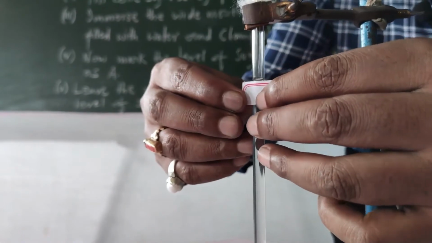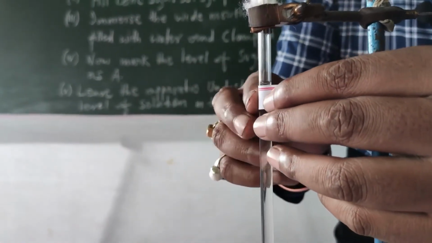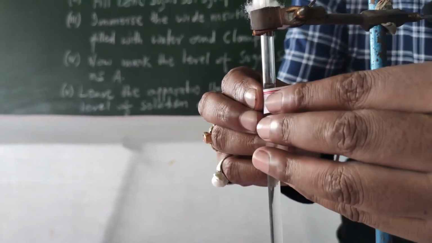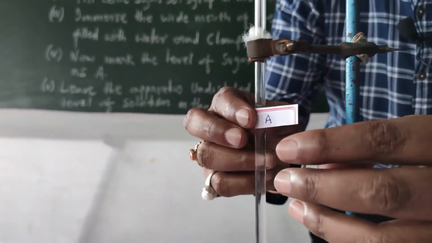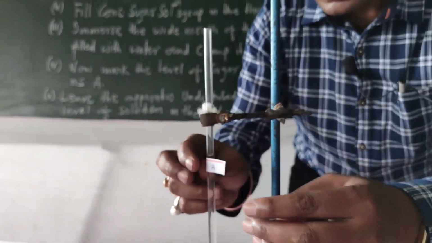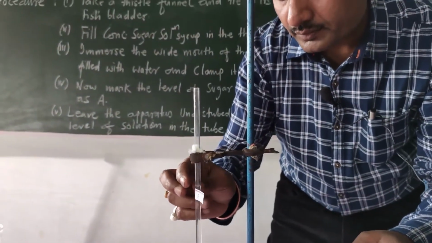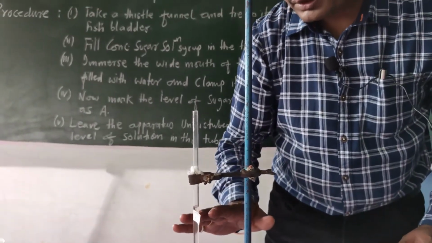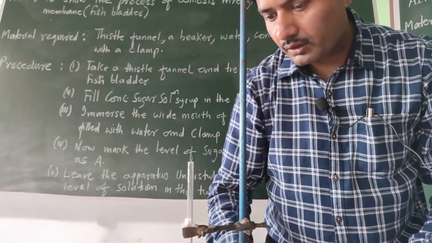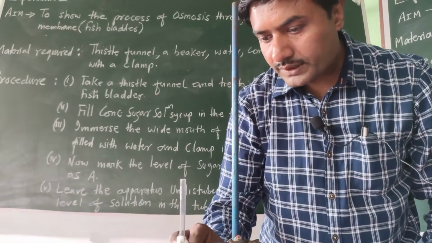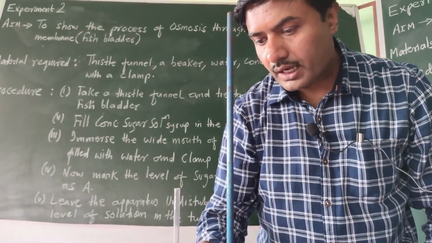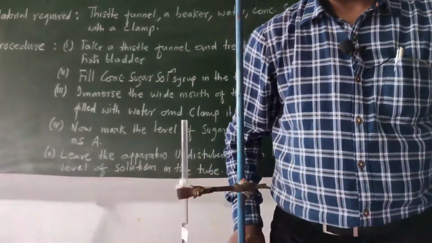Okay, up to here I will mark it as A and leave it for some time, for half an hour. Let's see what happens to this sugar solution after half an hour to 1 hour.